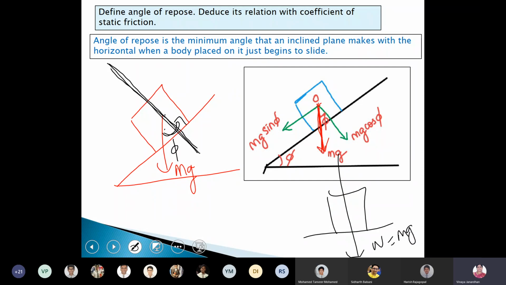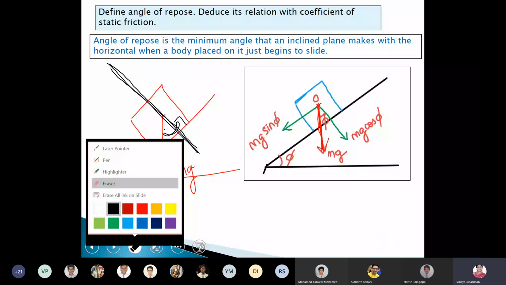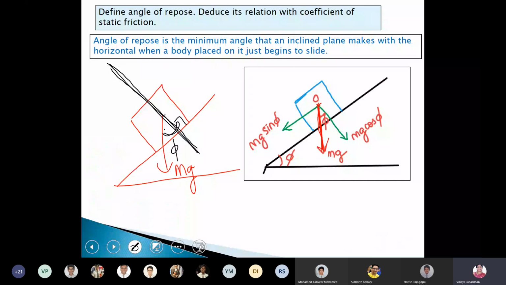But in an inclined plane, this is the vertical drawn to the inclined plane, which means the weight is inclined at an angle phi with respect to the vertical. If this angle is 25 degrees, this phi also will be 25, because as you tilt the inclined plane, this angle also keeps changing.